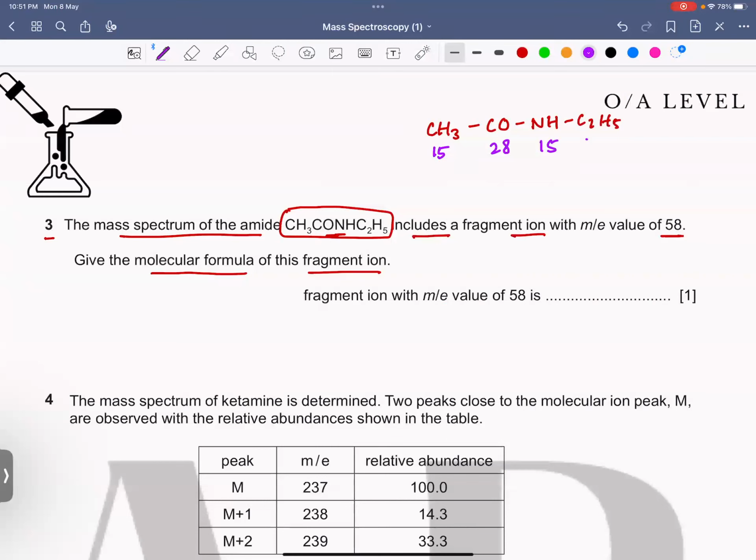Okay. Let me add these. 15 plus 15, 30, 36, 58. So it means that this fragment having a mass over charge value of 58 is actually CH3CONH positive. Is this clear? Yes, sir.